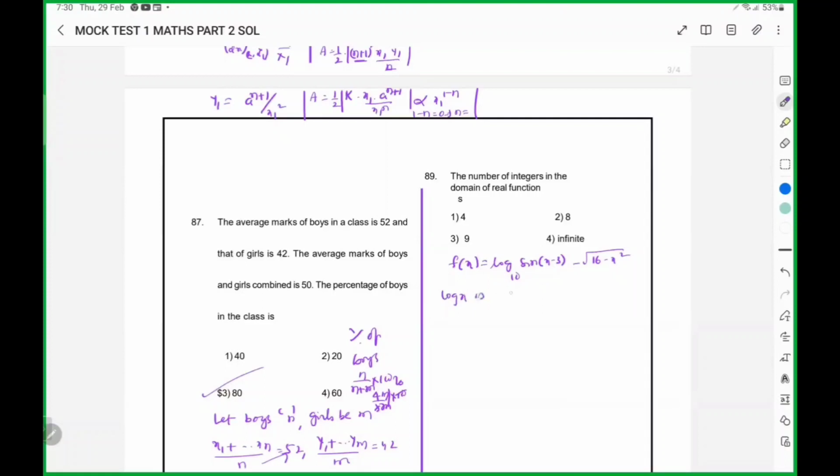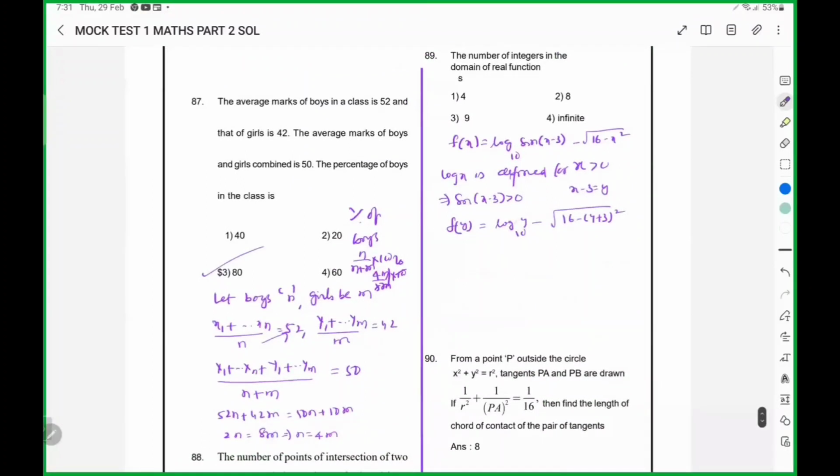The log function is defined for positive arguments, so sine of x minus 3 must be greater than 0. So what I am doing is taking x minus 3 as y. F of y will be log y to the base 10, 16 minus y plus 3 whole square. It is log sine y. So sine y must be positive.